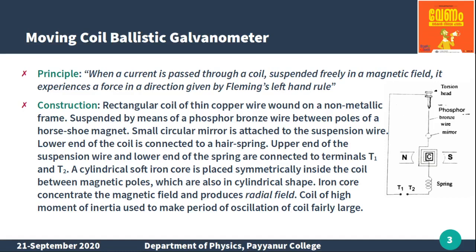Wherever our rectangular coil moves, the surface of that coil will always be parallel to that field, such that the normal to the coil will always be perpendicular to the radial field.